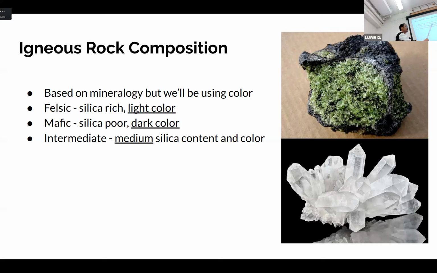Felsic appears as light color. If it's silica poor, it does not have much silica, then we call it mafic. Usually this kind of rock appears as dark color. And if it has medium silica content, its color will also appear intermediate between the light color and the dark color.